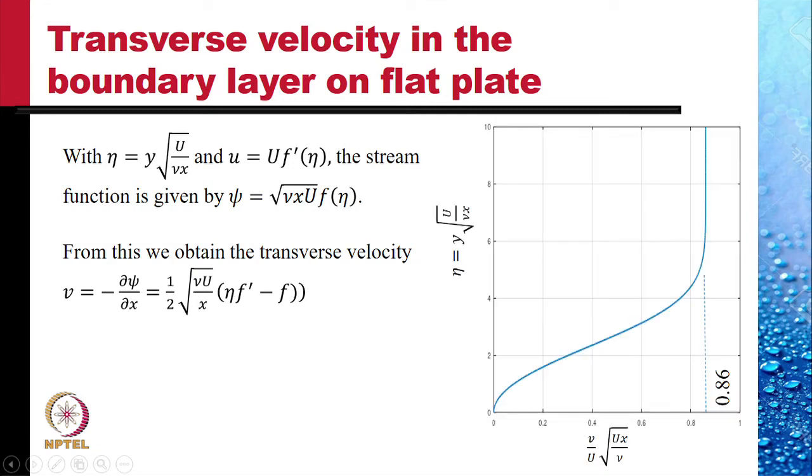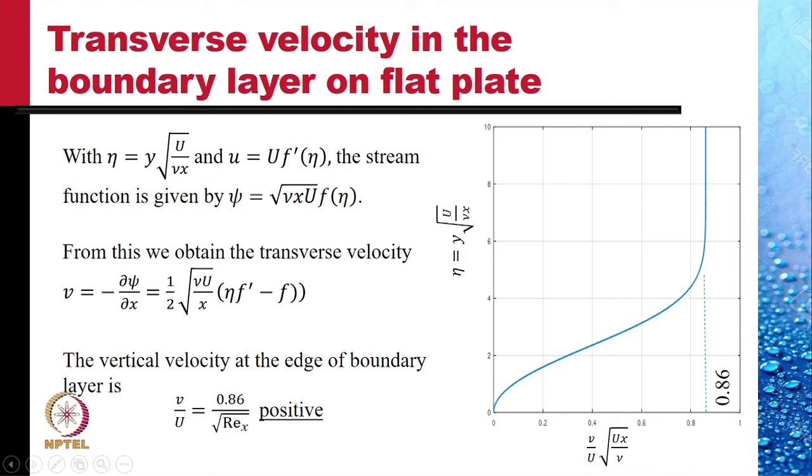If we plot this, this is the transverse velocity we get as a function of eta. It reaches a maximum value of 0.86 in terms of the non-dimensional variable, so that we can write V divided by capital U as 0.86 divided by square root of Reynolds number.